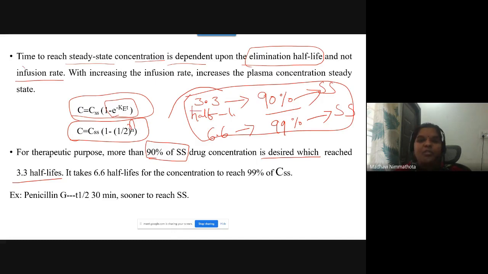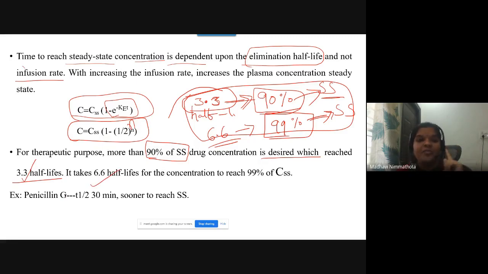At 3.3 half-lives, your drug will reach up to 90% of the steady state. At 6.6 half-lives, 99% of the drug will reach its steady state concentration in case of IV infusion. This is the concept of how it is reached and how much percentage of the drug is reached at 3.3 half-lives or 6.6 half-lives.